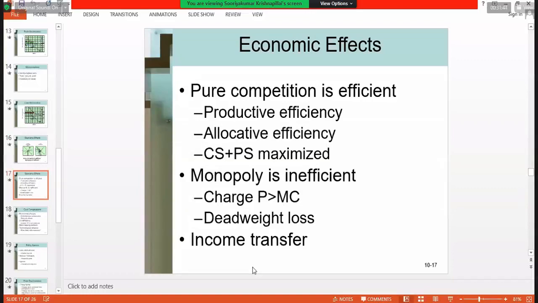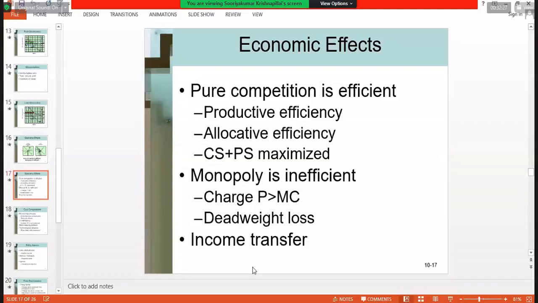Consumer surplus and producer surplus are maximized together, and all of it is received by the society. But in a monopoly market, some consumer and producer surplus is not received by the society from trading. So monopoly is inefficient because price is greater than marginal cost. If price is greater than marginal cost, we don't achieve allocative efficiency.